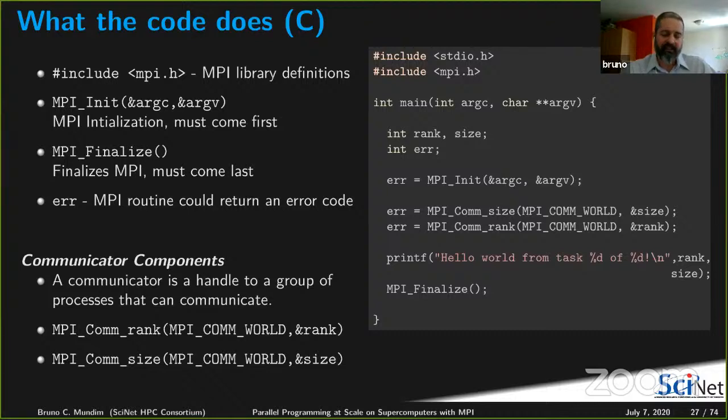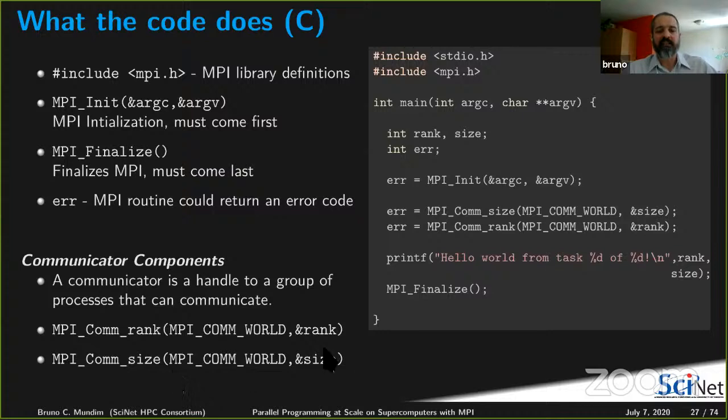I like to call it task more often than process, so people understand clearly that I'm not talking about the processor, which is the hardware, but about a process, which is software that the operating system is running on the memory, and right now running on the CPU. To avoid this confusion, I usually talk about the MPI task. The rank gives you the ID of the task.